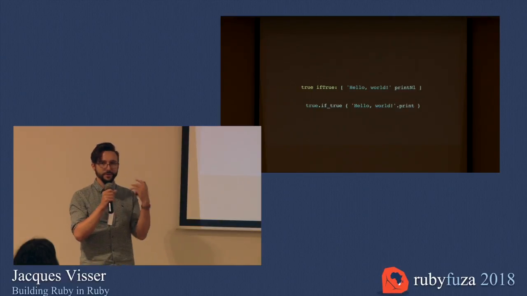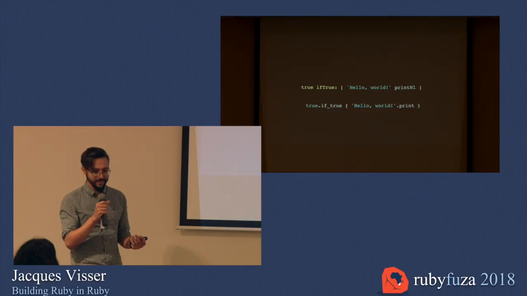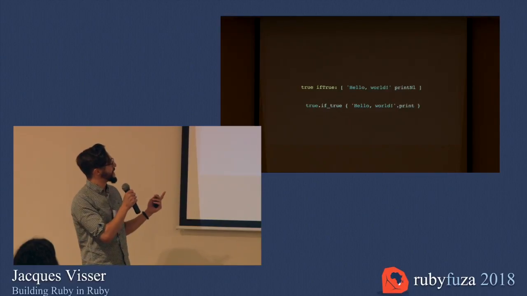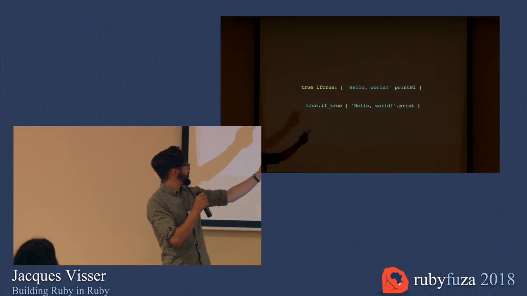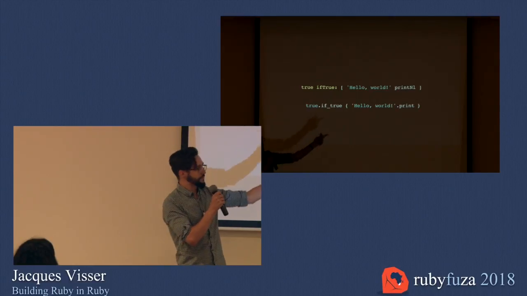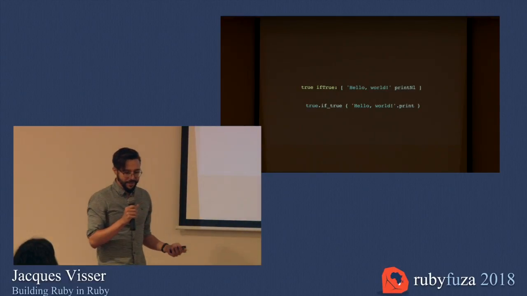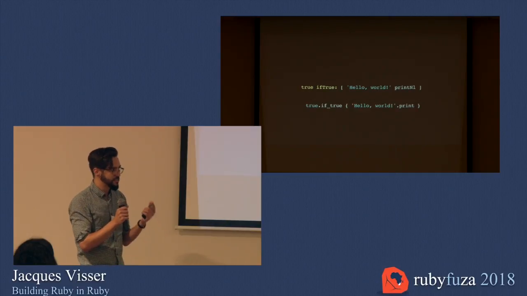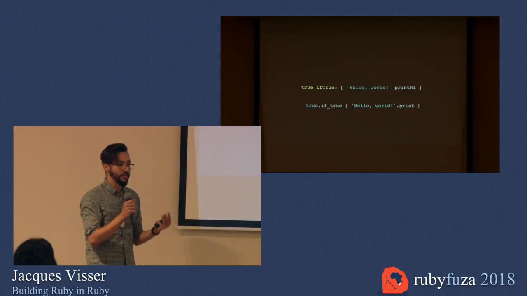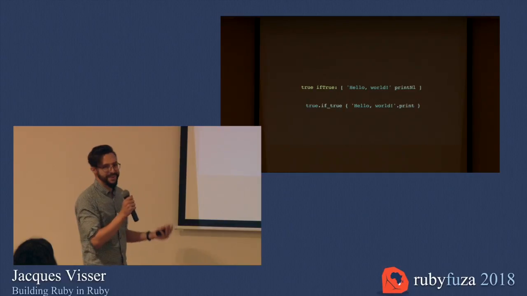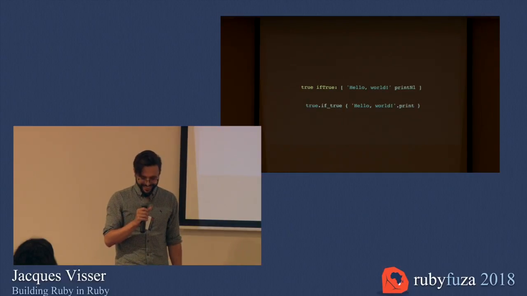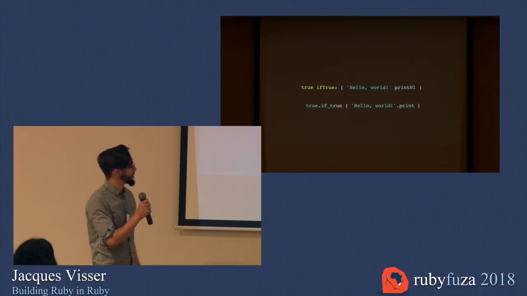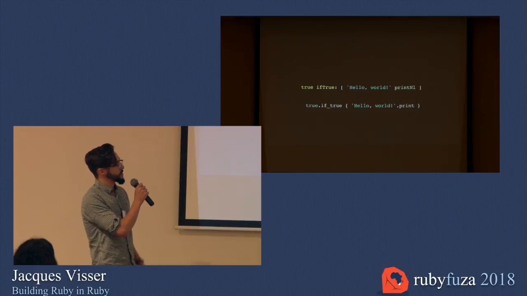I think Yehuda Katz said a bunch of stuff about it, and Sandi Metz definitely mentioned it. But in order for the ifTrue thing to work, you'd have to monkey patch the true class, false class, object, and nil, I think, which is a bit excessive. Also monkey patching all over the shop. So we're not going to do that.